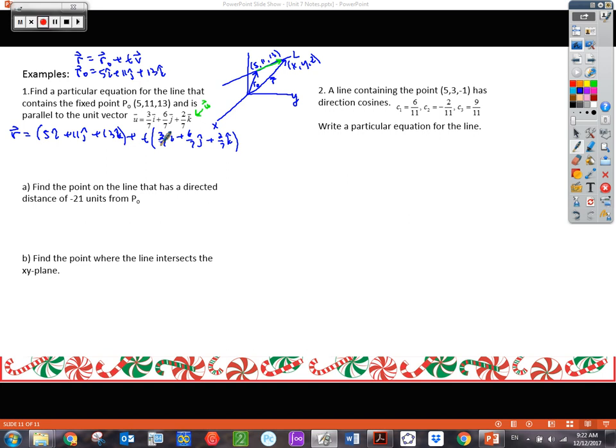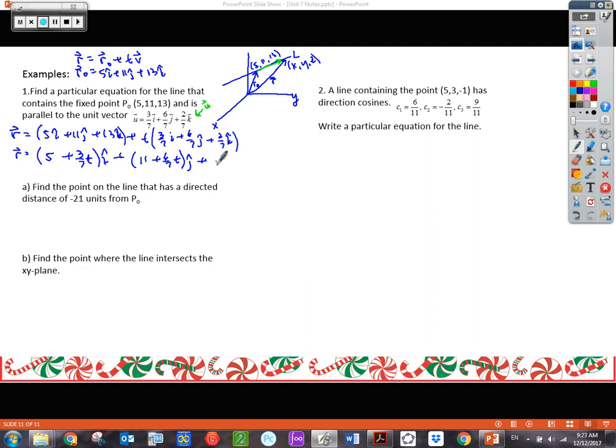So our vector R is going to be, so we pull the i components: 5 plus 3/7 t, and that's our i component. Plus 11 plus 6/7 t, and that's our j component.